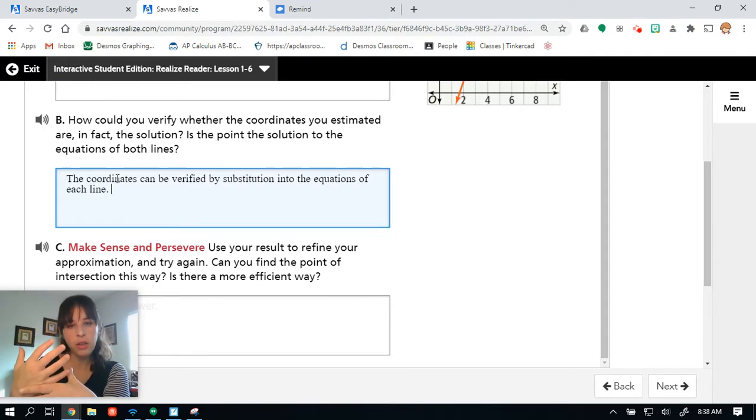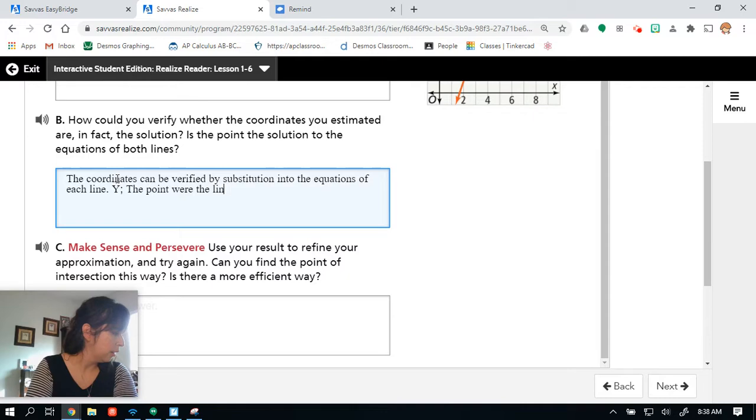We don't have the equation right now. We could produce an equation from the line, but they're just asking if we can verify. So we can verify this by substituting x into the equations and seeing what our y solution is.